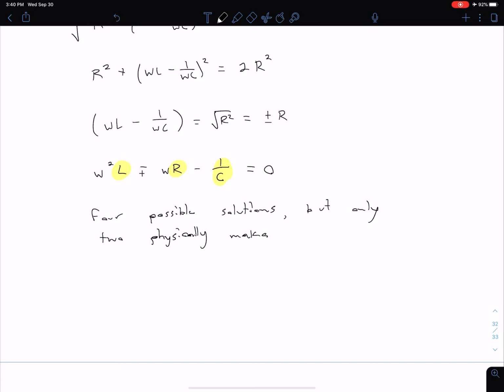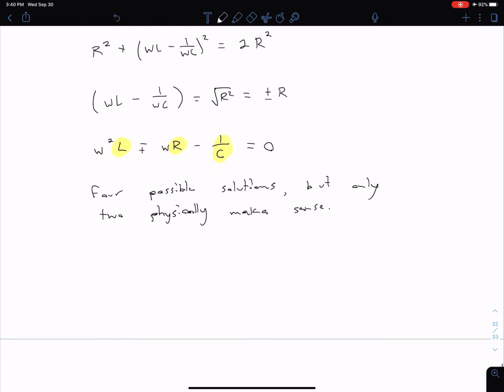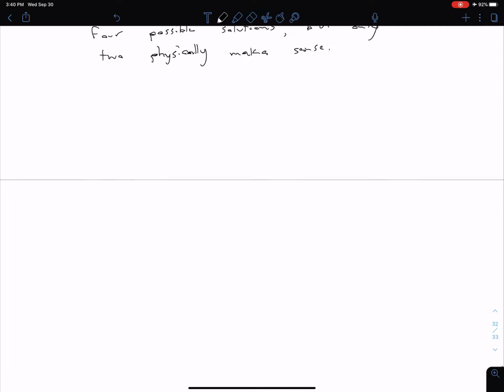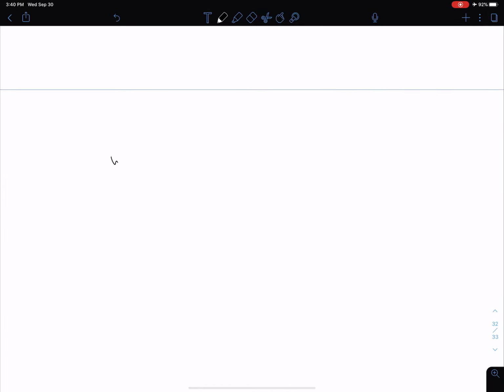And that's due to that resistance value. We want that value to be positive in order to make physical sense. So if we calculate that, we're going to get values for our omega 1 and our omega 2. So for omega 1, it's equal to negative R divided by 2L plus the square root of the quantity R divided by 2L squared plus 1 divided by LC.